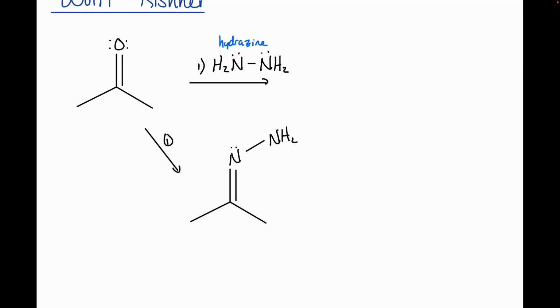All right, but a Wolff-Kishner reaction isn't where we stop there. We're going to take this and follow it up with some hydroxide source like potassium hydroxide. All right, and what that's going to do is remove protons from the nitrogen, creating these nitrogen-nitrogen bonds.